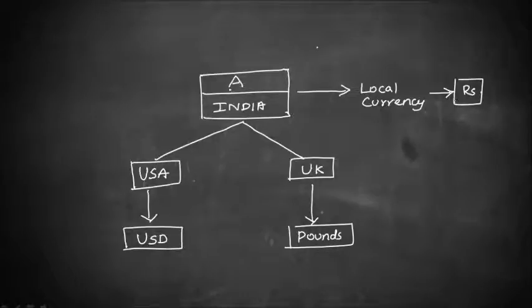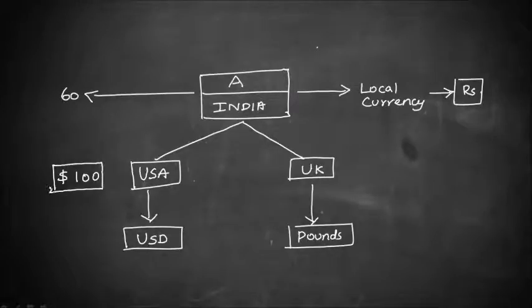Say, for example, company A sells $100 worth of product to a customer in USA, and company A, which is in India, can buy $1 for 60 rupees. It has sold $100 worth of product, which means 60 into 100, rupees 6,000. So company A is expecting a cash payment from the customer in USA of $100, expecting it as rupees 6,000.